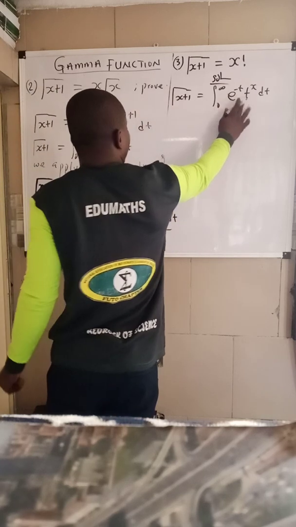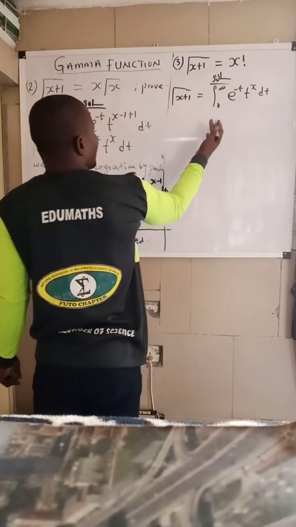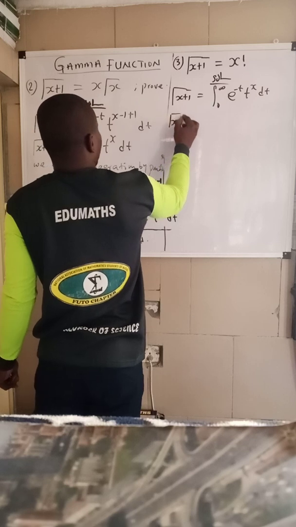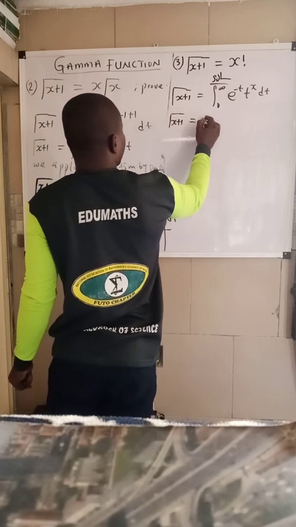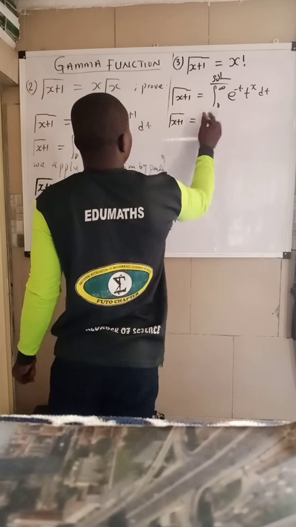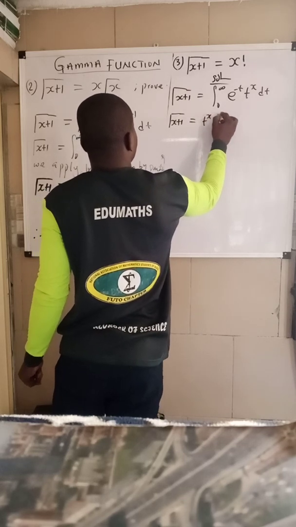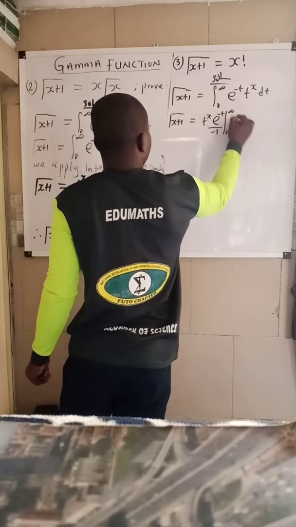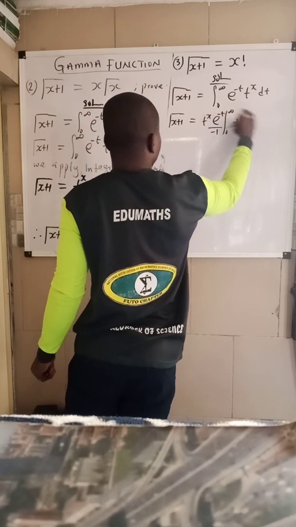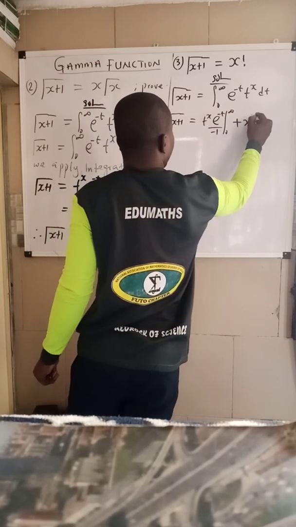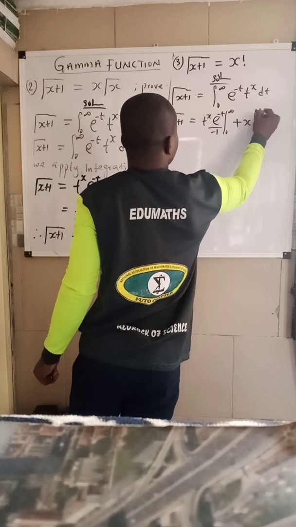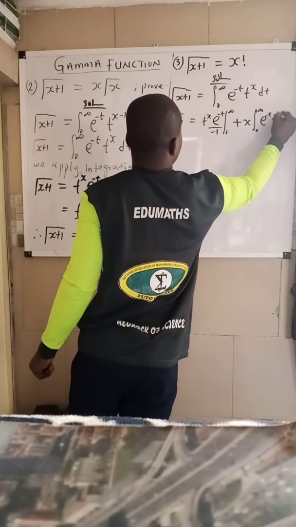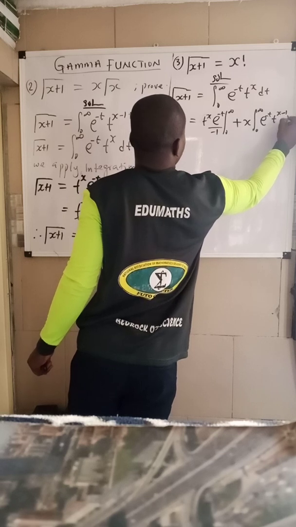So integrating this by parts or using a reduction formula, we have that gamma of x plus 1 is equal to t raised to x, exponential minus t over minus 1, running from 0 to infinity, plus x integral from 0 to infinity of exponential minus t raised to x minus 1 dt.